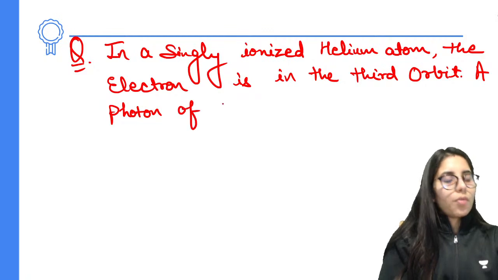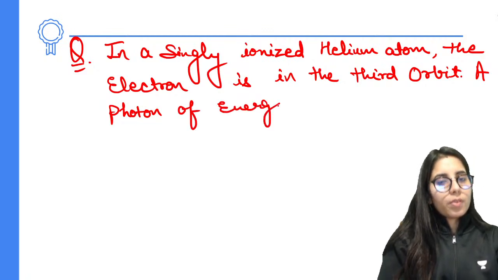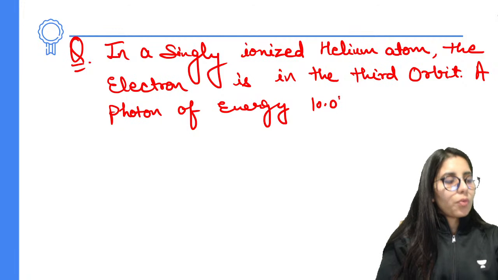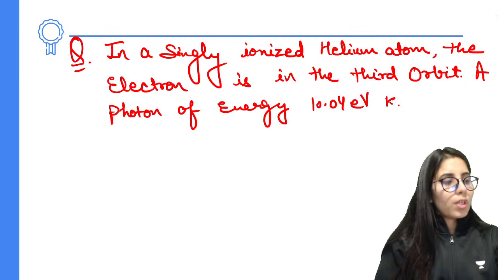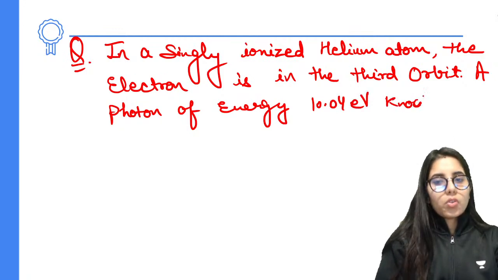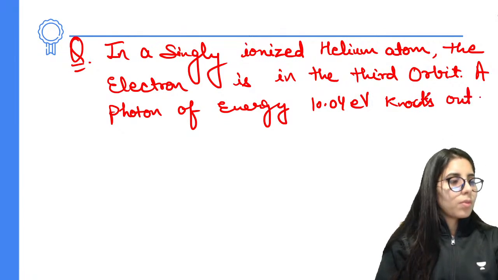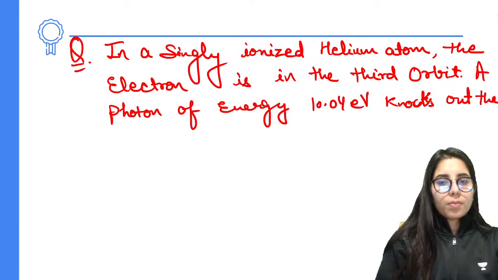A photon of energy 10.04 electron volts knocks out the electron.